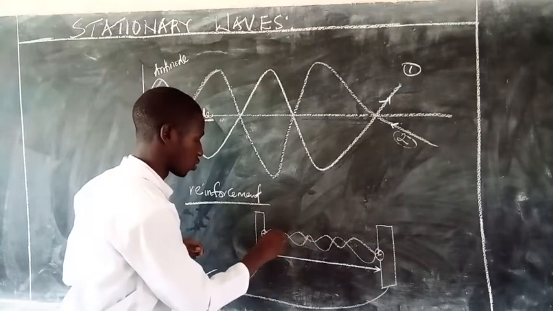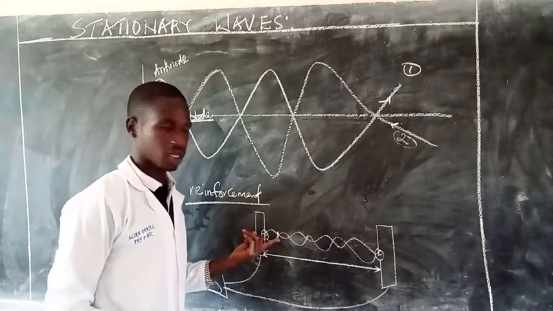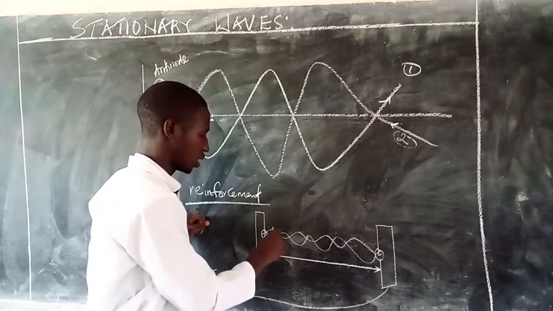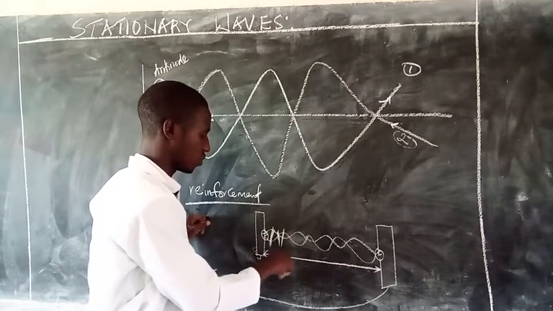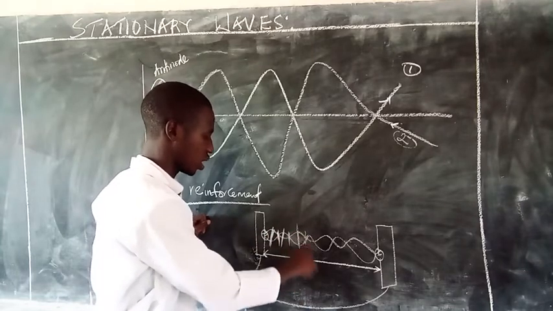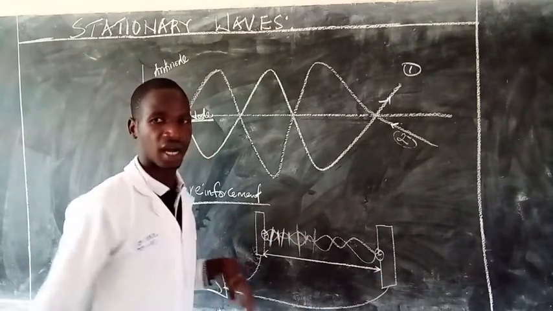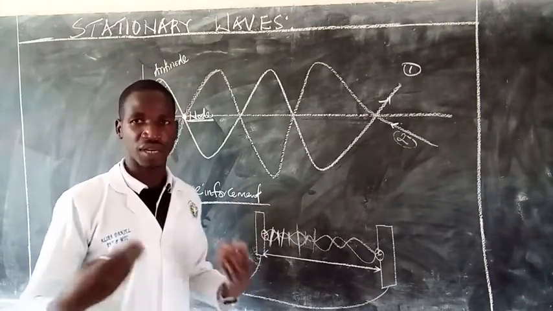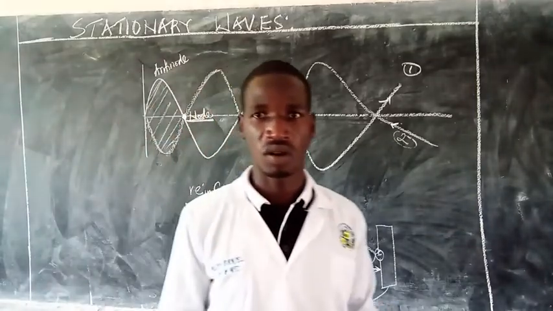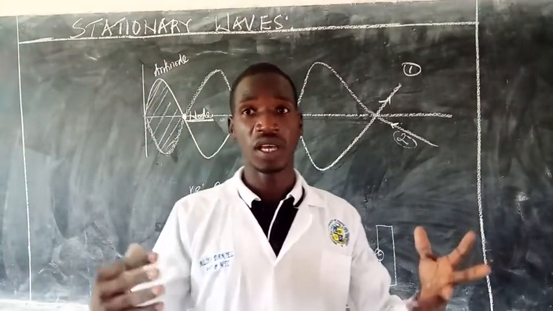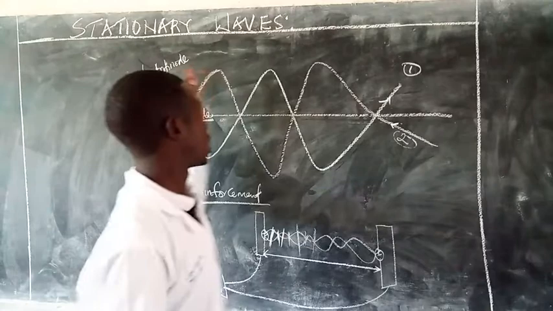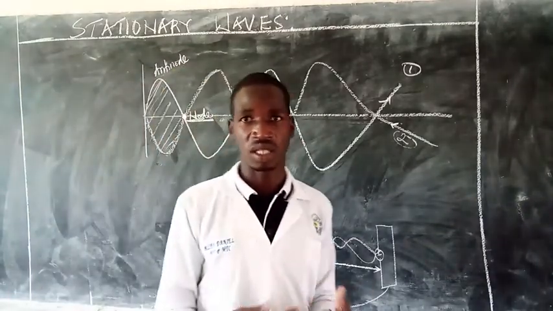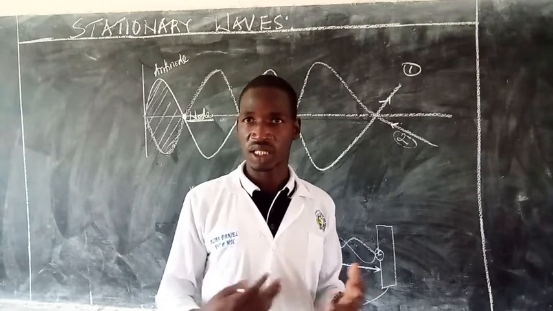That point is the node. So you will have alternate regions of maximum intensity, zero intensity, maximum intensity, zero intensity, as you move along. Those are formed as a result of cancellation and reinforcement of waves. So that's briefly what a stationary wave is, how it is formed, and the characteristics of the wave itself.